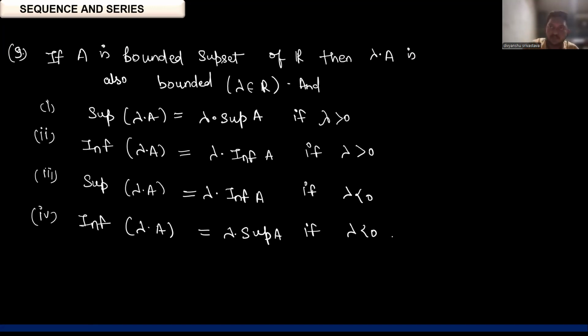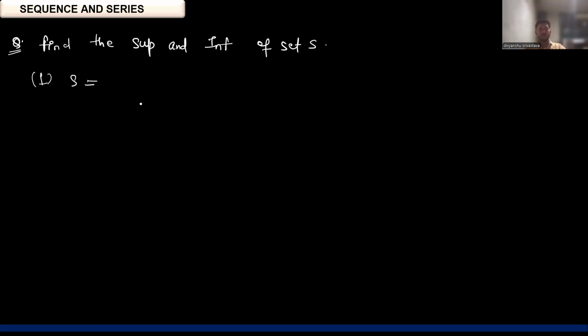Now the time for the question part, which is very important. The question is: find the supremum and infimum of the set S. Here I will give you a set S, whose element is sin(1/n), where n belongs to the natural numbers.